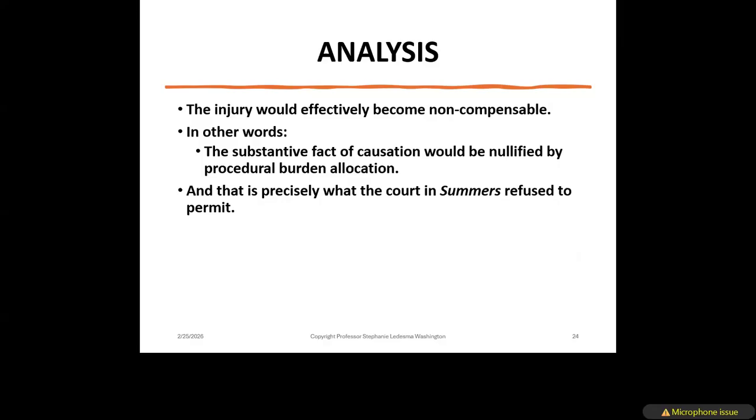With the structural injustice, the injury suffered by the plaintiff would become effectively non-compensable. Non-compensable, right? Not because there is no causation, because there is, but because the plaintiff can't identify by a preponderance of the evidence which of the two should be held liable.